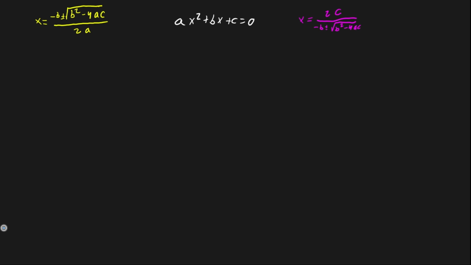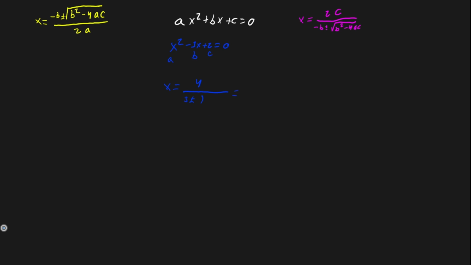So we're going to solve a few examples using Mueller's formula, and we are going to look at the example x squared minus 3x plus 2 is equal to 0. So we're going to get x is equal to 2 times c, which is 2 times 2, which is 4. And b is -3, so we're going to get +3 plus or minus the square root of 9 minus 8, giving us plus or minus 1.